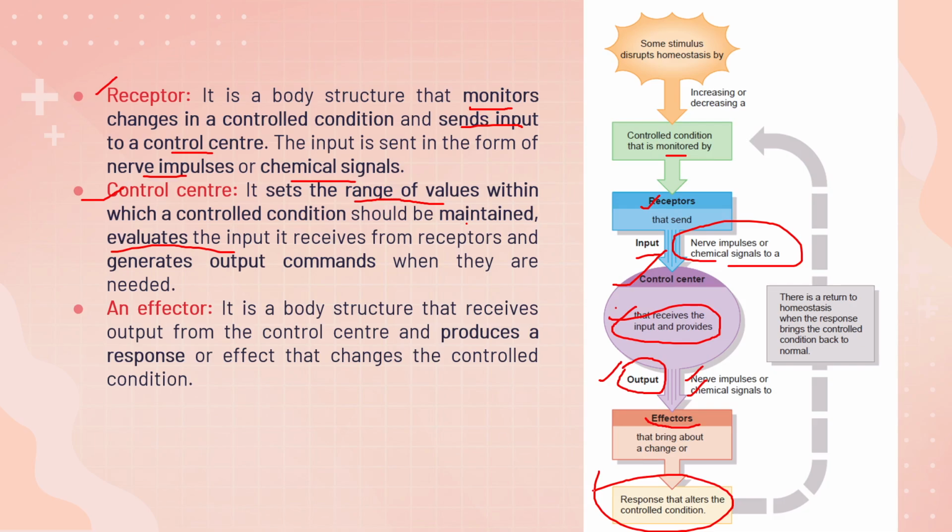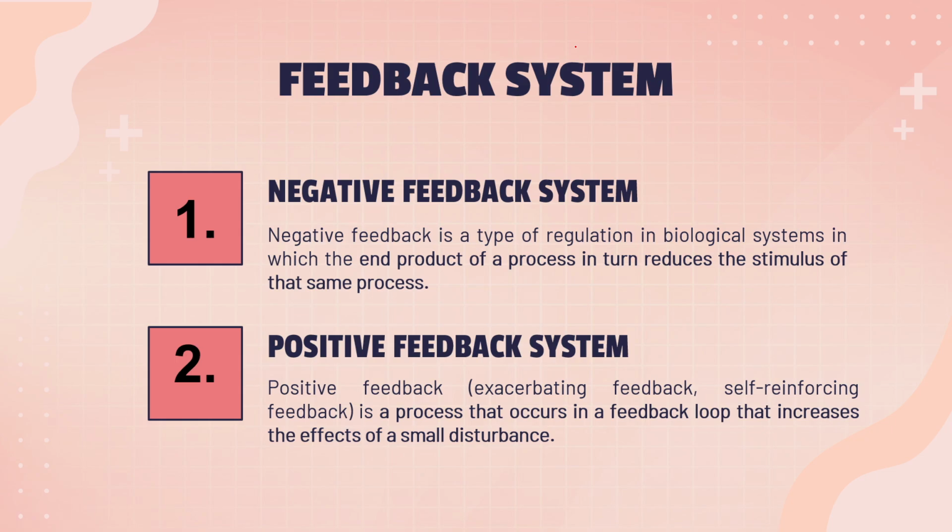Now there are two types of feedback systems present in the body. First is the negative feedback system and second is the positive feedback system. Let us see the definition of negative feedback. Negative feedback is a type of regulation in a biological system in which the end product of the process in turn reduces the stimulus of that same process.